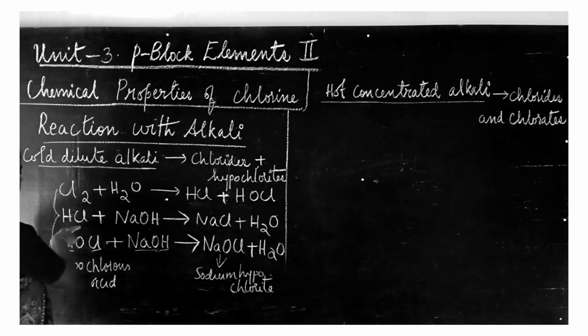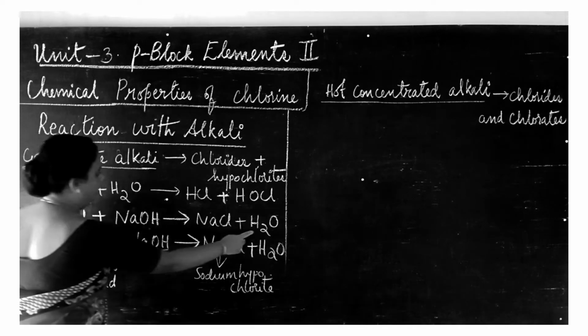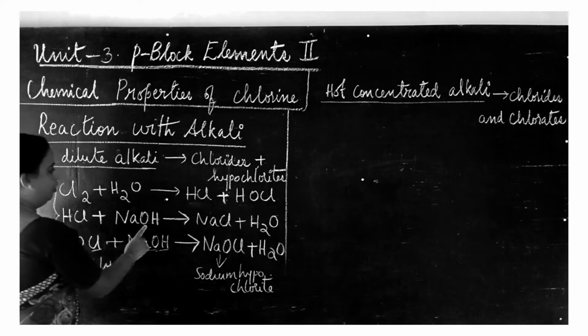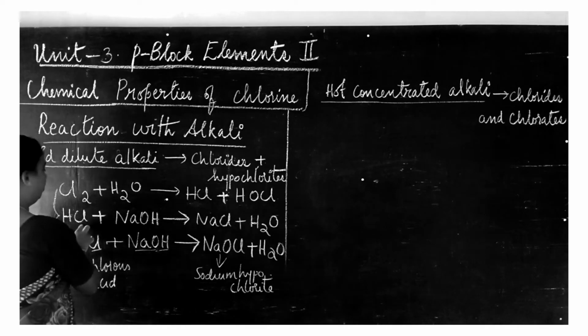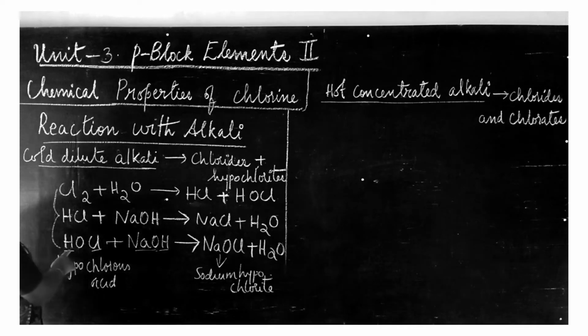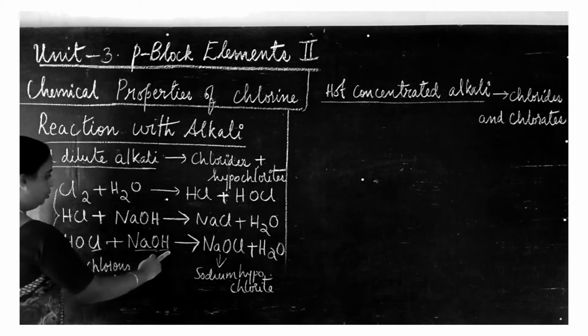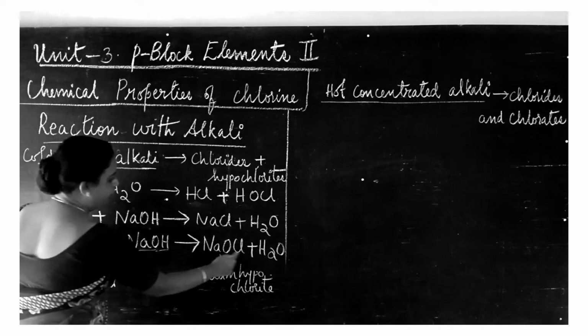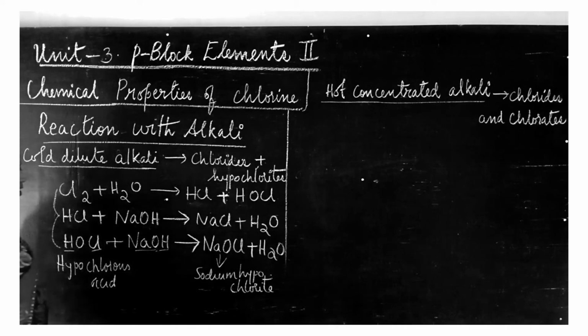Here one hydrogen, two hydrogen balanced, one oxygen, then one sodium and one chlorine. So that is also balanced. Here two hydrogen and two oxygen, so one oxygen here, that is also balanced. One sodium is also balanced.